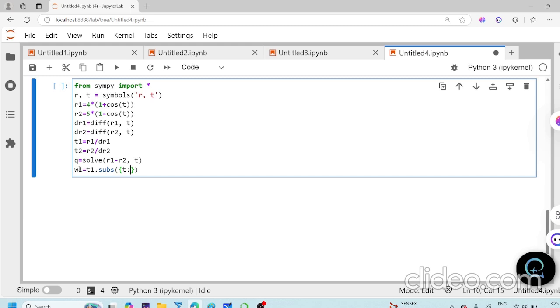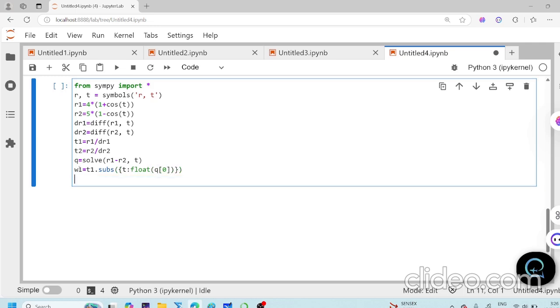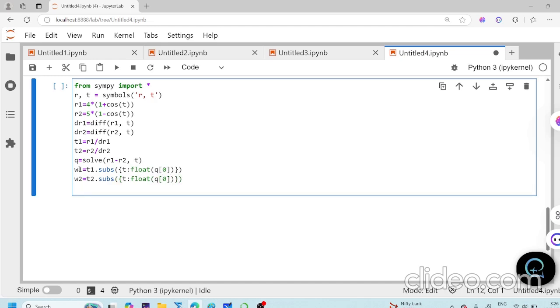But here I am calling the value from the memory location, so t colon, I have to call for the float value of q of 0. Then w2 equal to t2 dot subs, t colon float of q of 0. The values are called off, then substituted in the expression.